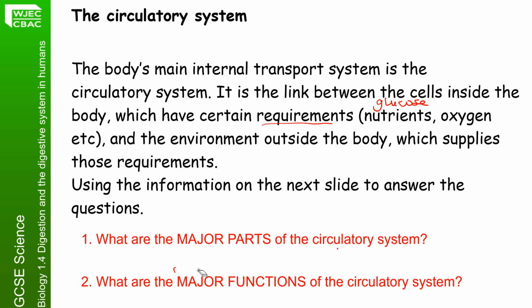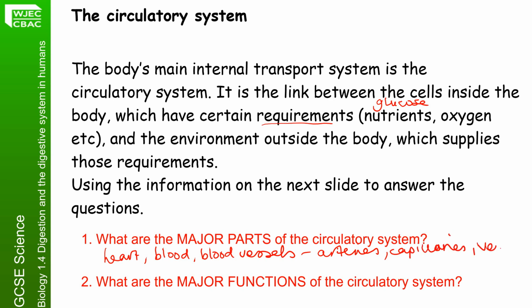So if we go back to these questions, you should have got for the major parts of the circulatory system, the heart, the blood, and the blood vessels. So that was literally in the first sentence. You may have also given me a bit more detail about these blood vessels by telling me the arteries, capillaries, and veins.